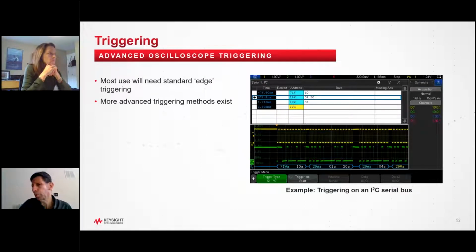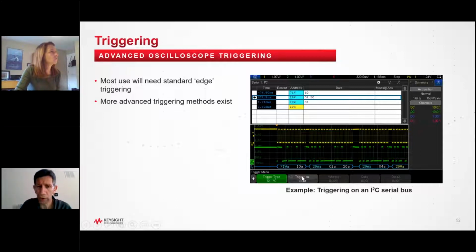All right. So more advanced triggering that has been defined. Edge triggering has been around since the dawn of oscilloscopes, but now we have some more advanced triggering. I mentioned before, we now have protocol decode capability, including things like I2C, SPI, USB, etc. You can actually trigger on a protocol event, like in this case, an I2C event.